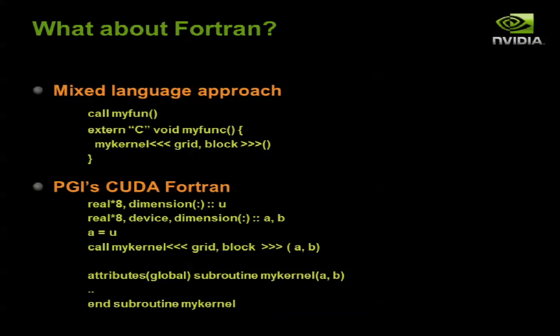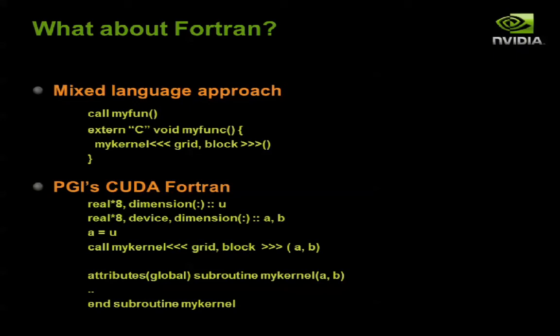You have a mechanism for calling kernels, so CUDA Fortran also supports the triple chevron notation. Otherwise, those are simple functions with an attribute called global that identifies these subroutines as kernels.